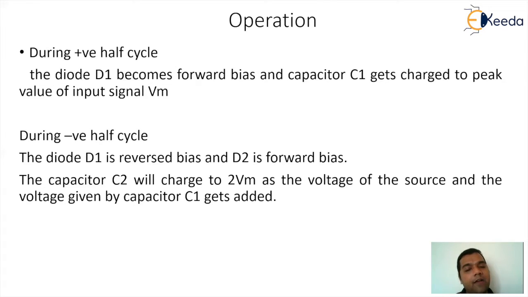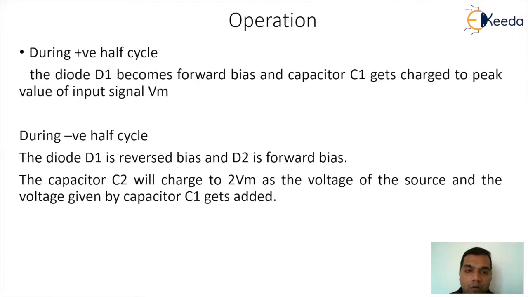And during the negative half cycle, the diode D1 will be reverse biased, but D2 will be forward biased. So the capacitor C2 will get an opportunity to charge to a value of 2 Vm. It's all because of the voltage stored by the capacitor C1 and the input that will get added, and eventually will help the capacitor C2 to charge to a value of 2 Vm. So that's the magic of doubling effect.